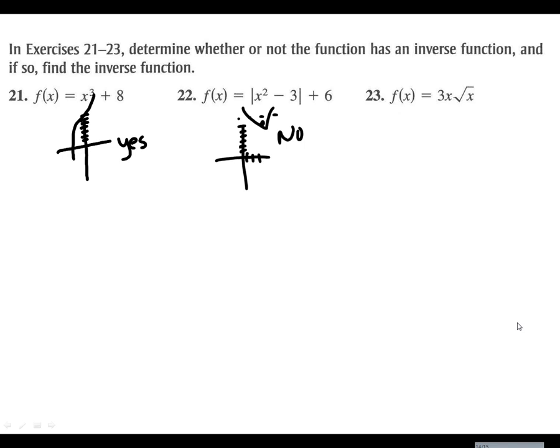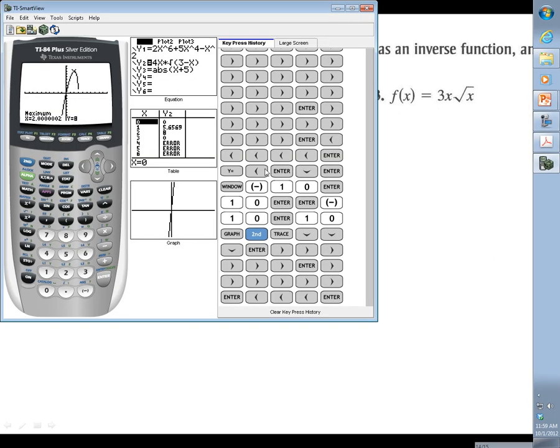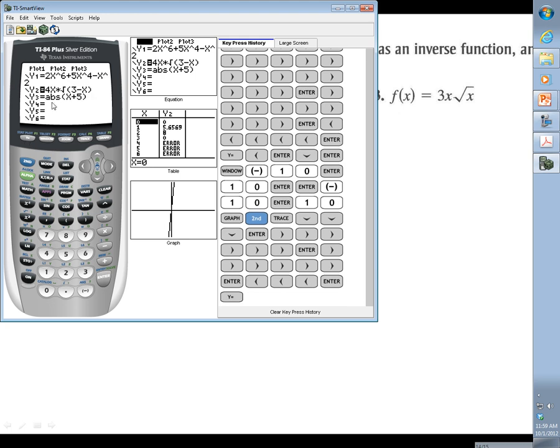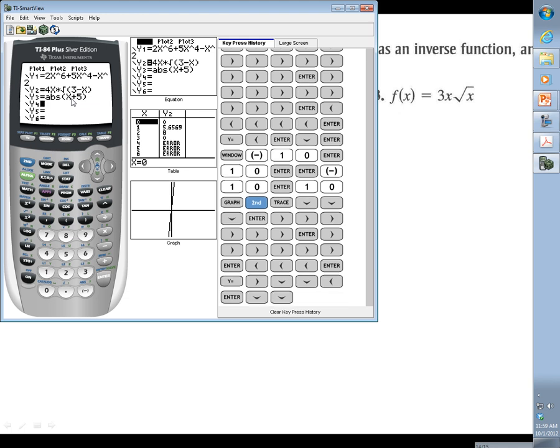And 3x times the square root of x. Off the top of my head, I'm not exactly sure what that looks like. I know what the square root of x looks like. I know what the x looks like, but put them together, not too sure. So let's go ahead and go to the calculator to find out.